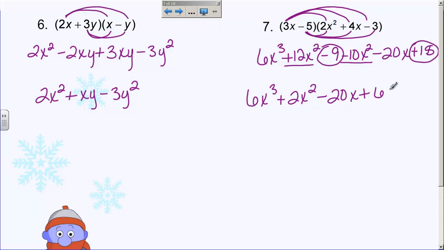And so instead of ending up with a trinomial like we did on the last one, we end up with a polynomial, because now I have 4 terms instead of 3. But this is my final answer. Nothing can be combined. I have an x to the third, x squared, an x, and no x. These are not like terms. I can't put them together. So now I have, there's my answer. So that's a binomial times a trinomial.